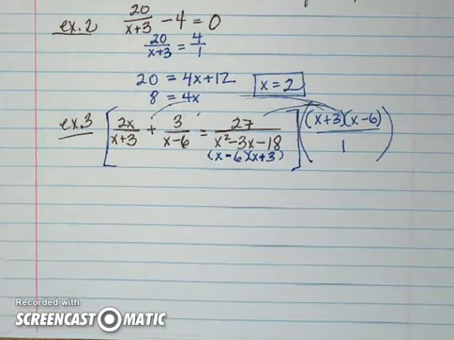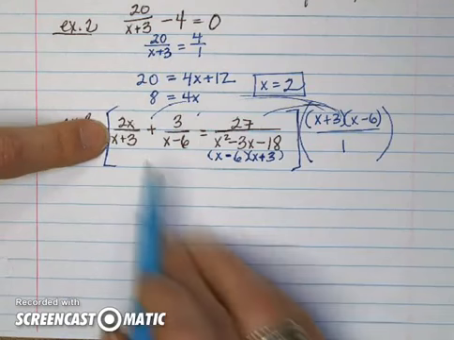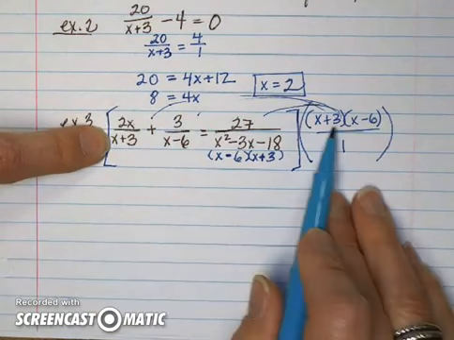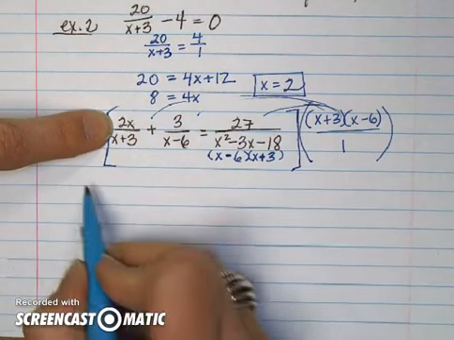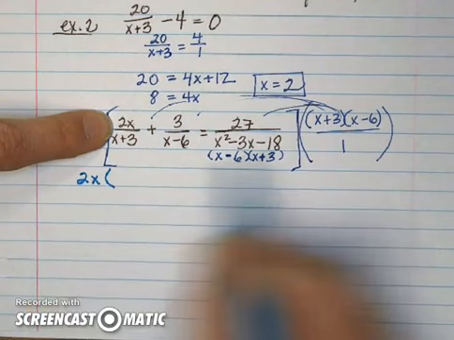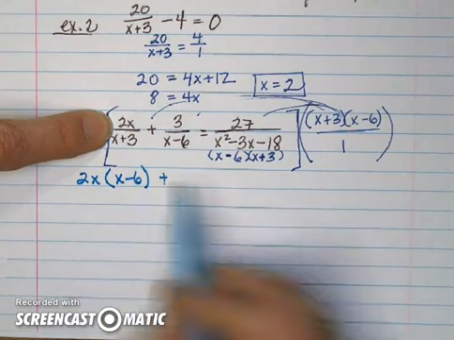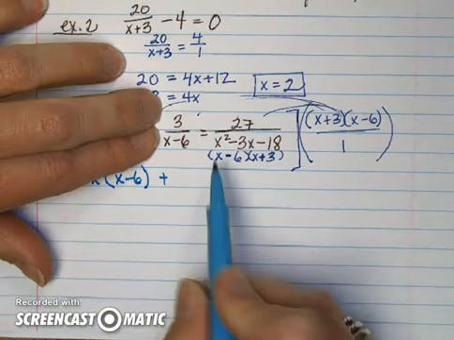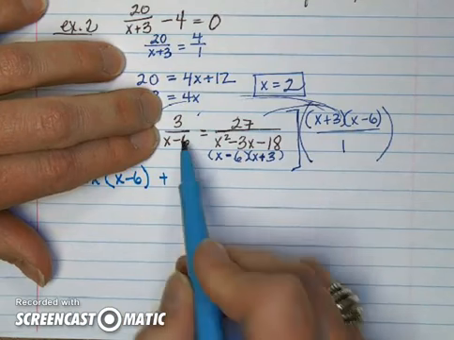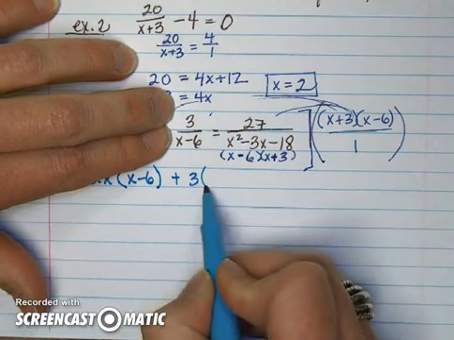So let's do that. Here, when I distribute, my x plus 3's cancel, and I'm left with 2x times the x minus 6. Plus, let's do this fraction. Now the x minus 6's will reduce, and I'm left with 3 times x plus 3.